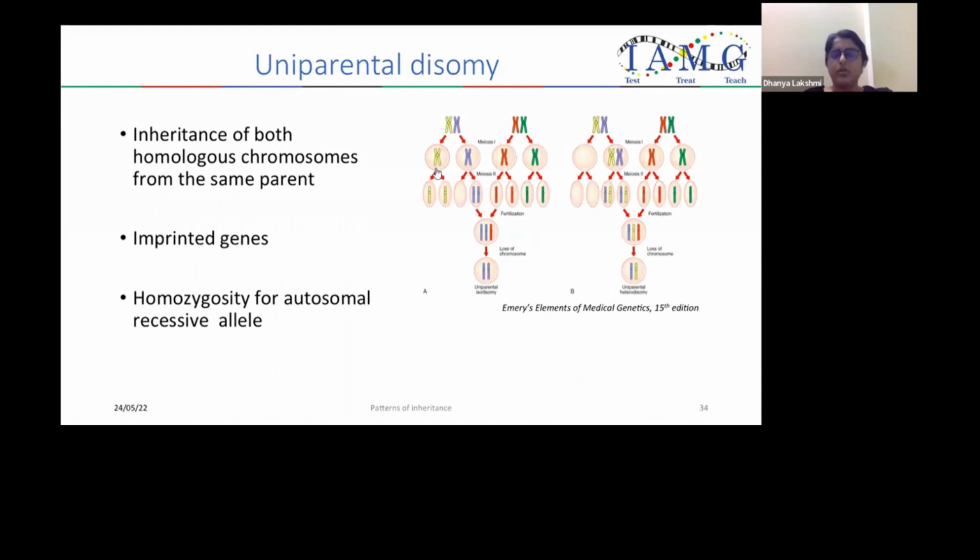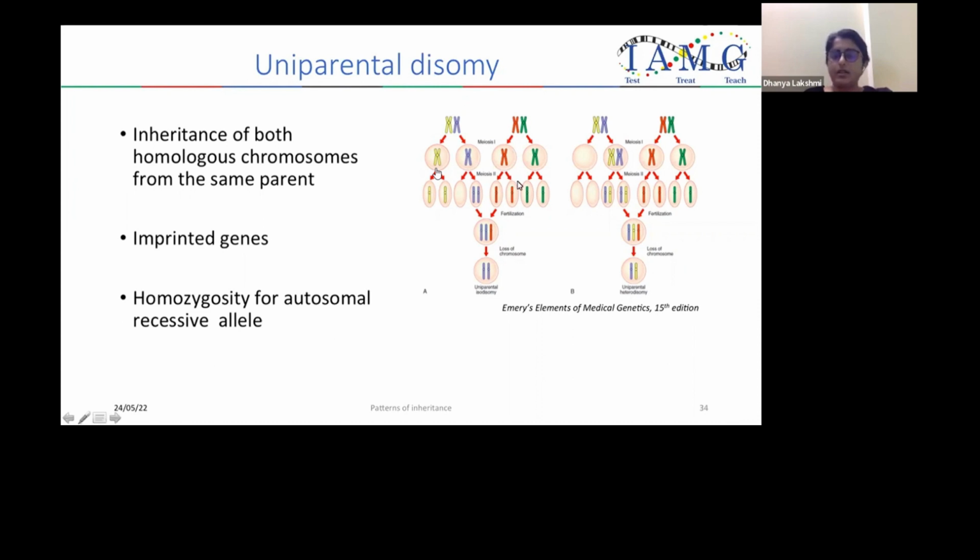There is yet another phenomenon known as uniparental disomy, where sometimes both homologous chromosomes will be inherited from the same parent. And generally, uniparental disomy does not have any major clinical significance, except when that region has imprinted genes, or when uniparental disomy results in homozygosity for an autosomal recessive allele.